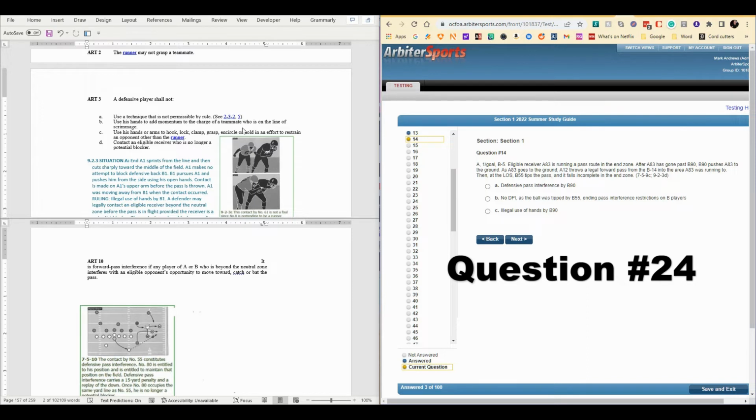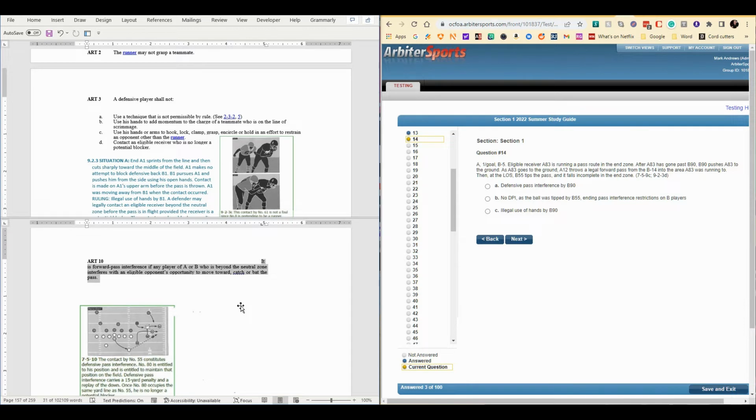And the answer is C. He references 7-9-C, which is when the pass interference rules end, but what we should really be looking at is forward pass interference: if any A or B player who's beyond the neutral zone interferes with an eligible player's opportunity to move toward, catch, or bat the pass. So that's the pass interference rule.